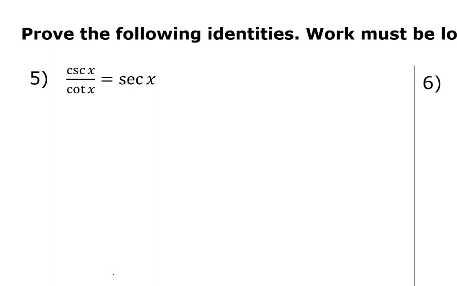So cosecant is 1 over sine. So that's my numerator. I'm going to just switch colors to make it more obvious. So cotangent is cosine over sine. So this is going to be cosine over sine. Okay, and I'm going to just work this and keep going, and hopefully it will equal secant when I'm done.